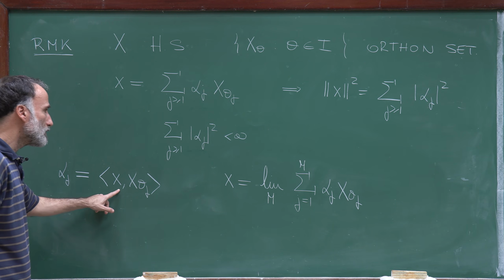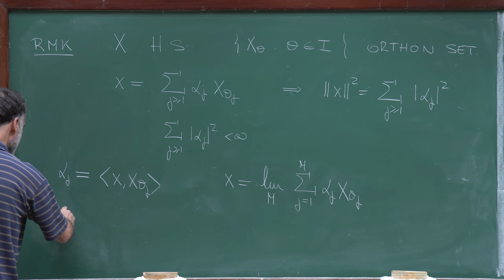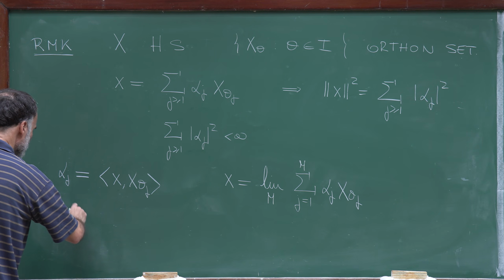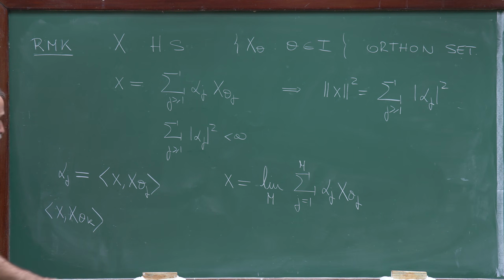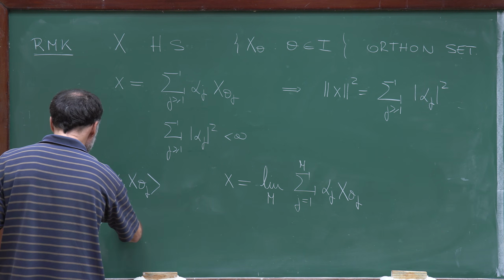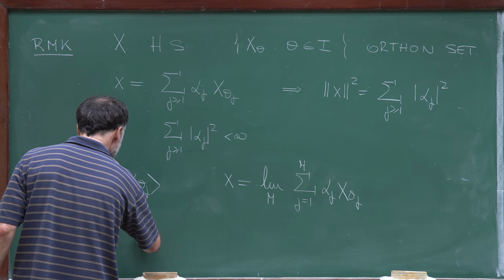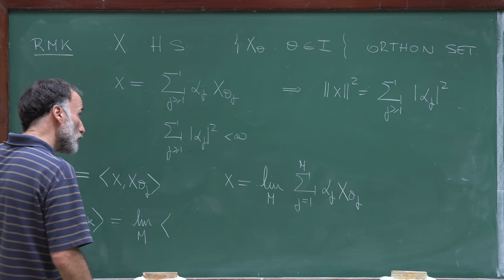So by continuity of the scalar product, the scalar product of x with x theta k, since x is the limit, is the limit in M of the scalar products.